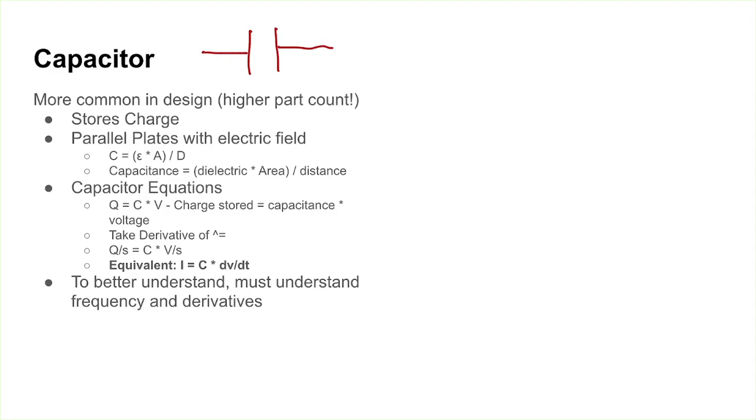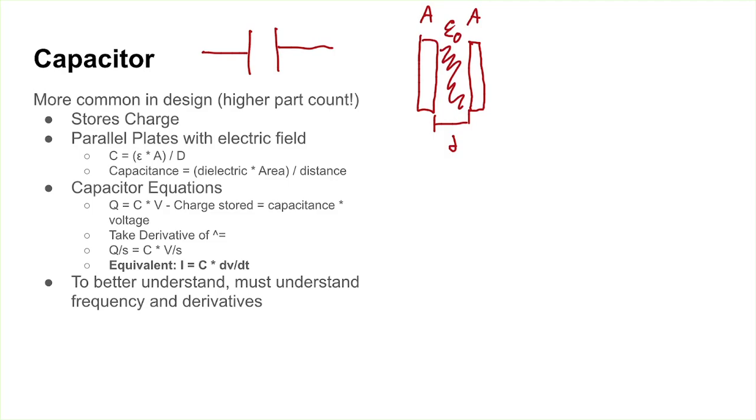So true to the symbol, a capacitor is essentially two conductive metal plates with area of the plates and some distance d in between them and some dielectric epsilon. So the dielectric constant, similar to the resistivity, is just something that's always going to be the same or set by the manufacturer.